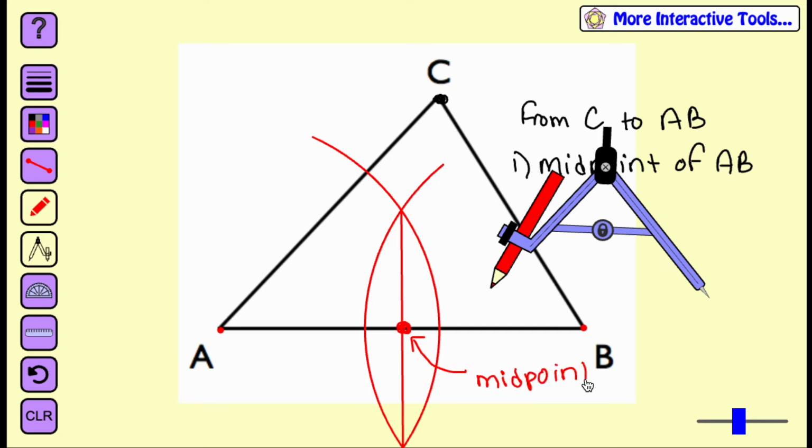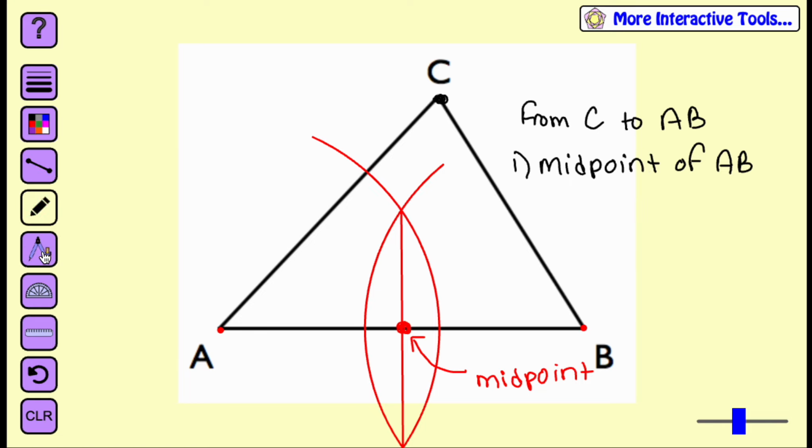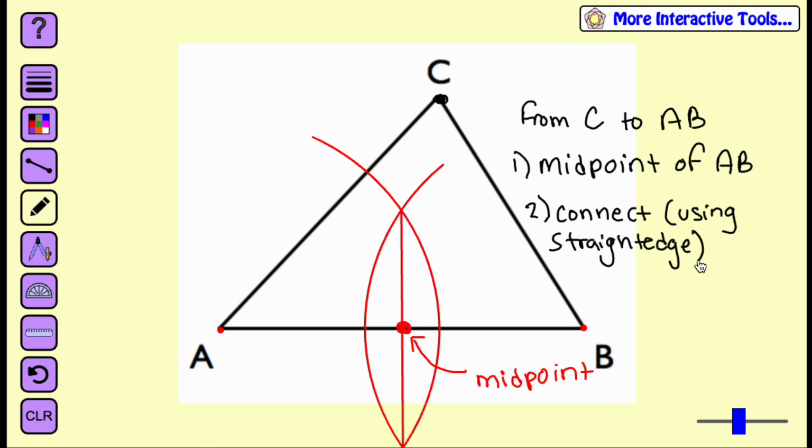Once you have the midpoint of your side, your second step is to just connect with your straight edge a line from vertex to midpoint.